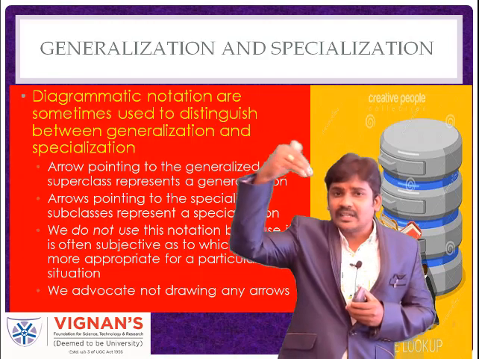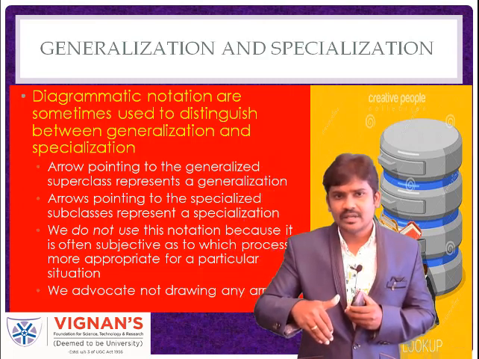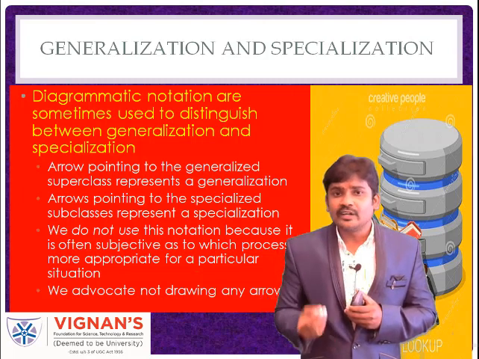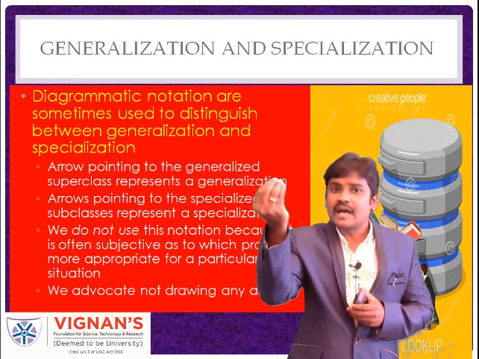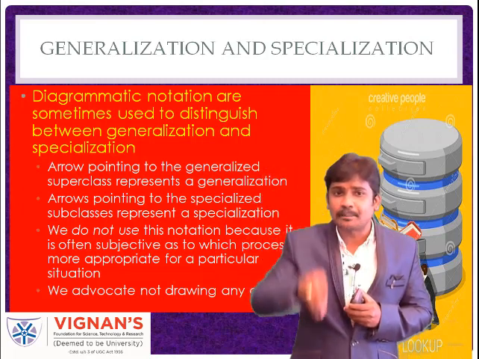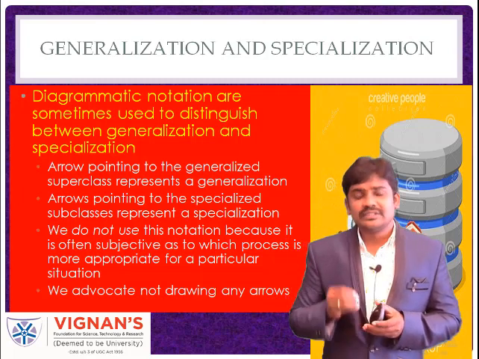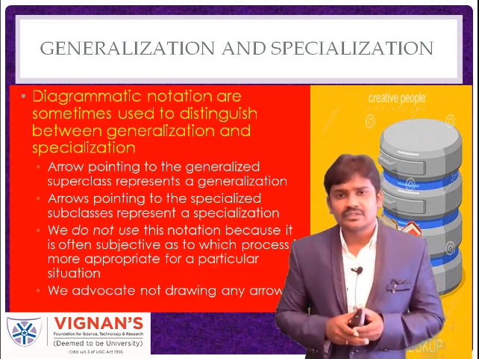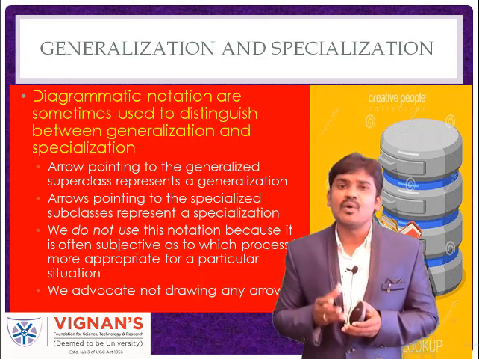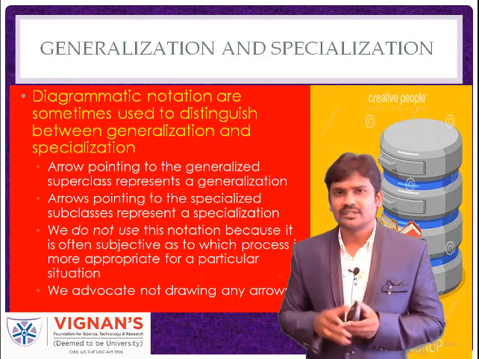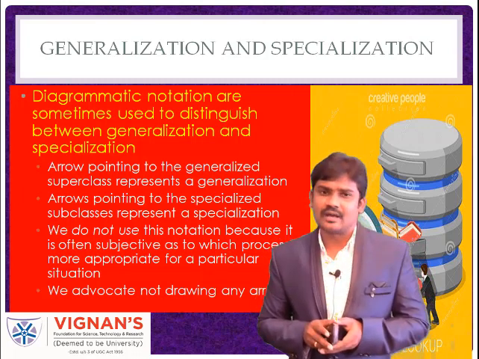An arrow pointing to the specialized subclass represents specialization. We do not use this notation because it is often subjective as to which process is more appropriate for a particular situation. We advocate not drawing any arrows.